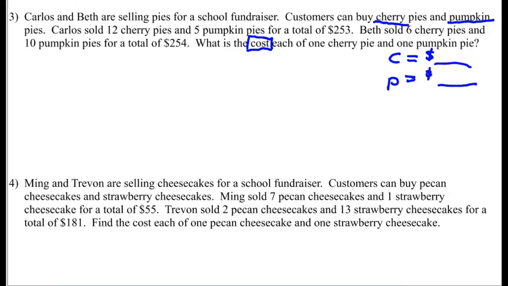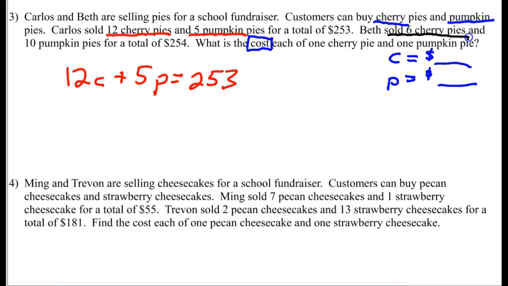All right? And if you go through this, you can see Carlos has 12 cherry pies and 5 pumpkin pies, and that costs $253. Whereas Beth sold 6 cherry pies and 10 pumpkin pies.